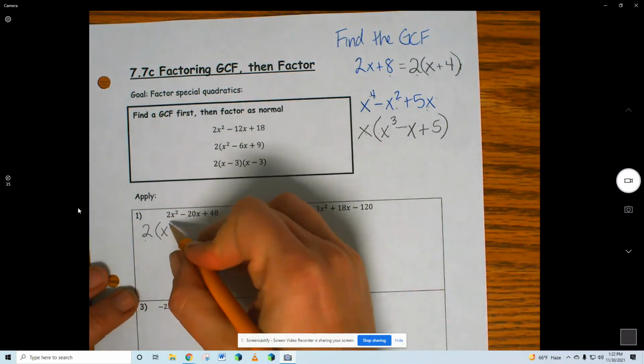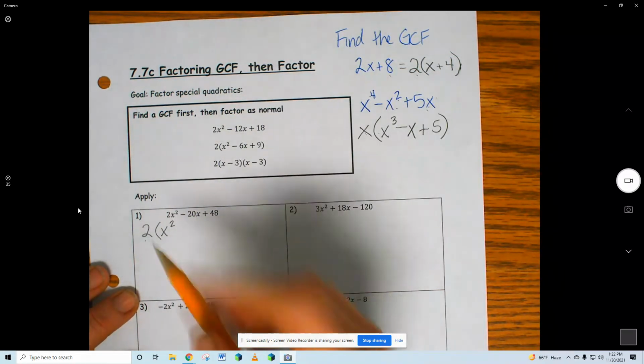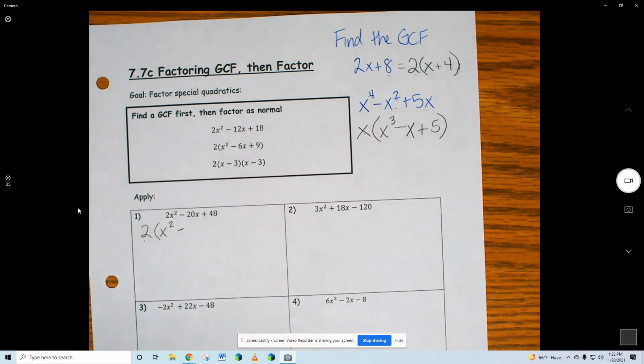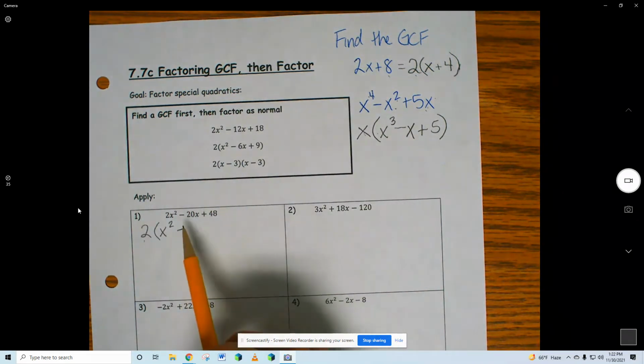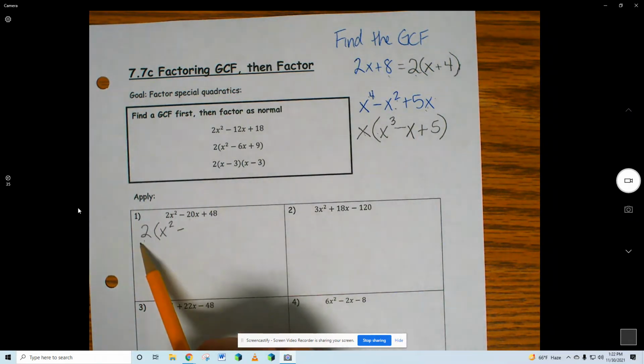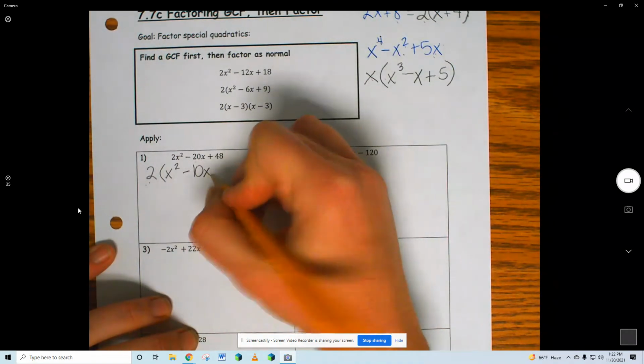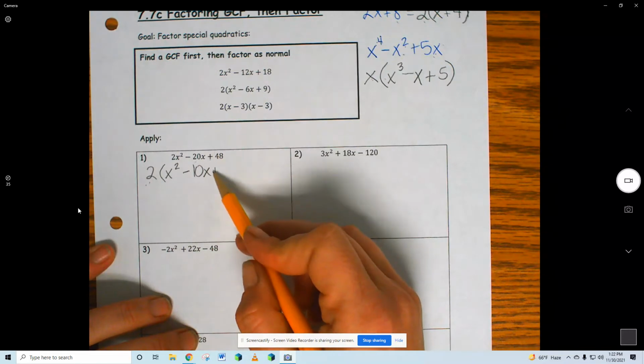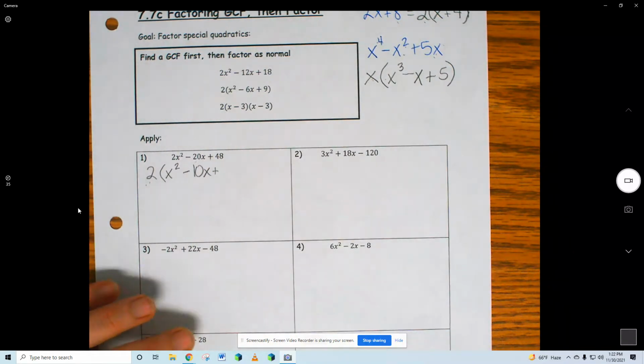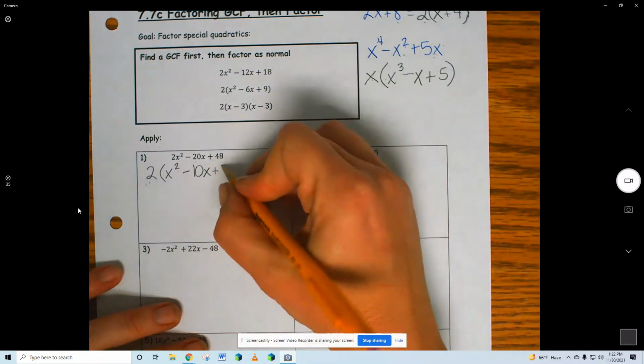X squared. Keep the minus sign. 20x divided by 2. 10x. Plus sign stays. 48 divided by 2. 24.